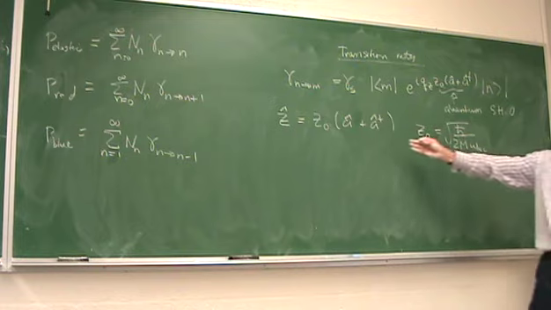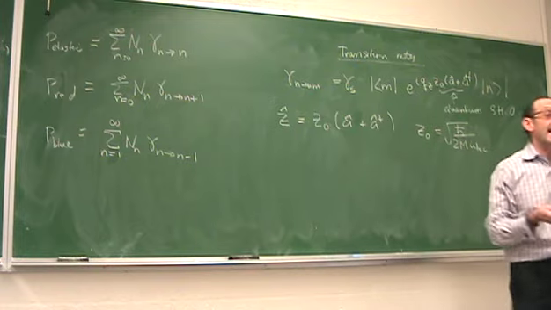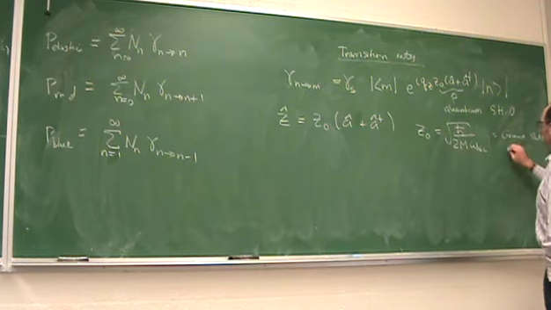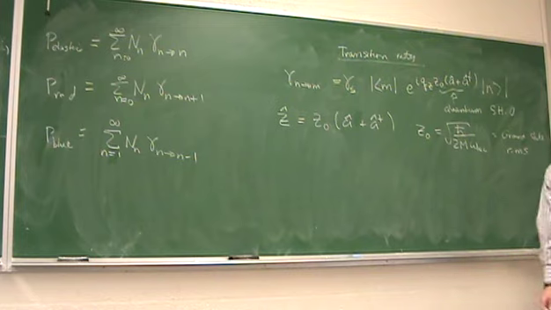This is just rewriting the position operator in terms of a and a dagger, right? And this is the ground state width, the spread of the Gaussian wave packet in the ground state.